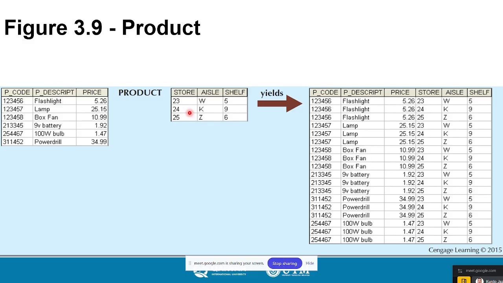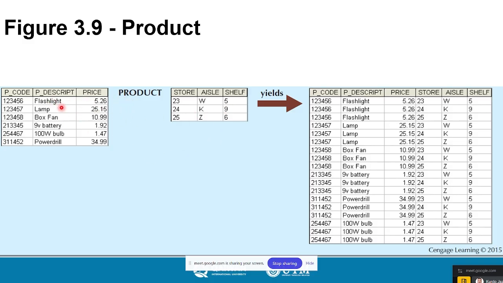Now for flashlight, we have a flashlight, we have a lamp, we have 3 lamps. As you can see, for each one we have 3. Flashlight, 3, lamp, 3, box fan, 3, 9-volt battery, 3, power drill, and a bulb. So it's a multiplication. Multiply this by this.